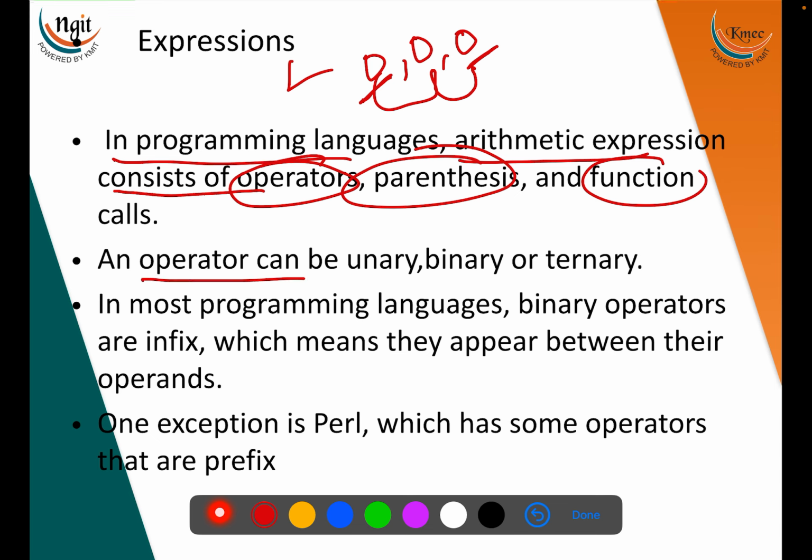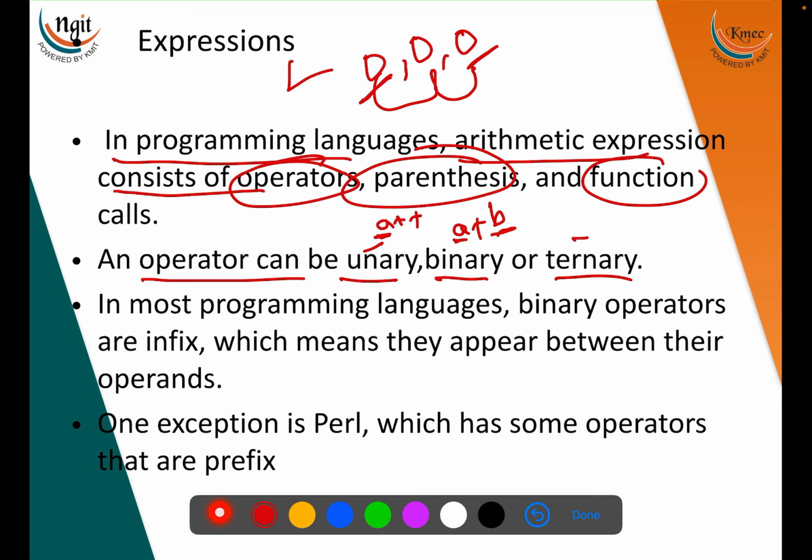An operator can be unary, binary, or ternary. Unary is what? One operand exists with the operator. Let's say a plus plus, one operand. Binary is what? A plus b, two operands. Ternary is what?